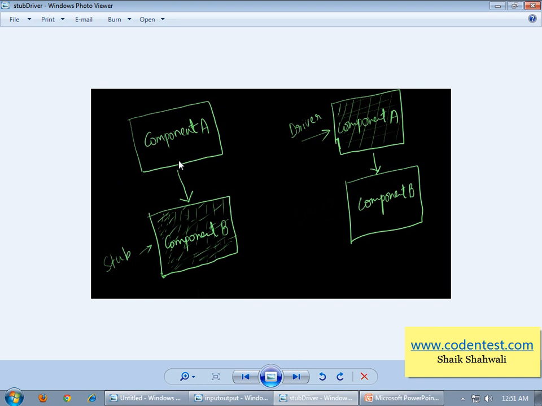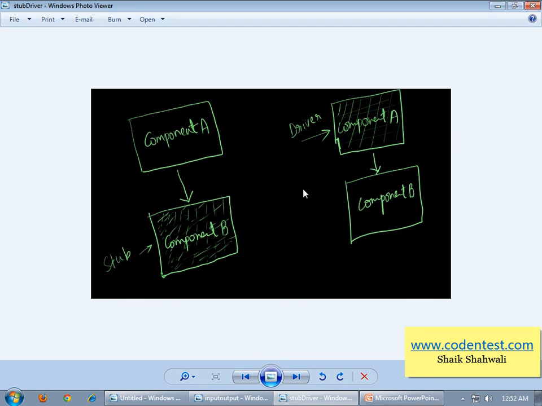So in such situations, pseudocode for component B is written. It's not the real code, it's just pseudocode to support component A. And this pseudocode is called a stub, S-T-U-B, stub.